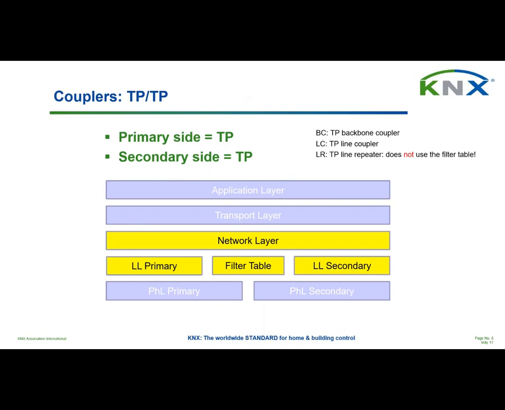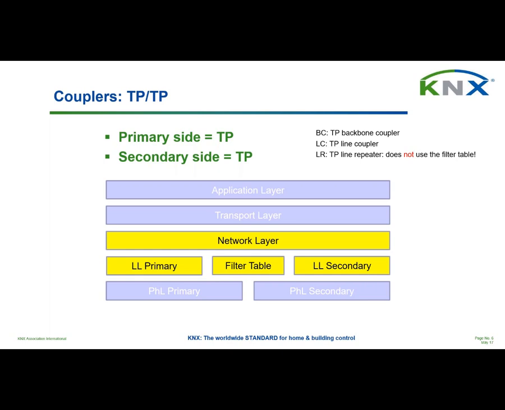Okay, let's go through the existing couplers one by one now. So twisted pair to twisted pair, where the primary side and the secondary side are twisted pair indeed. Then we see here on a link layer level, by the way, if you want to understand more about these layers, for now I just add them as illustration.